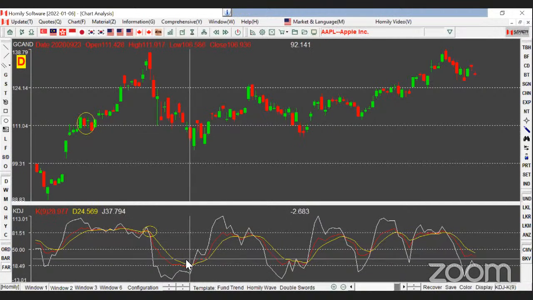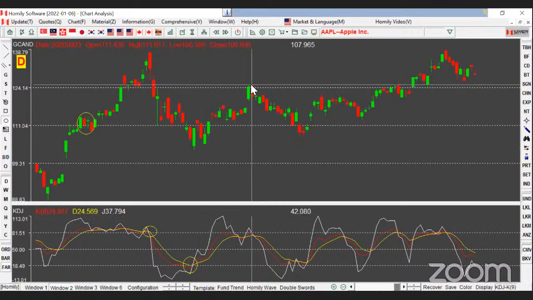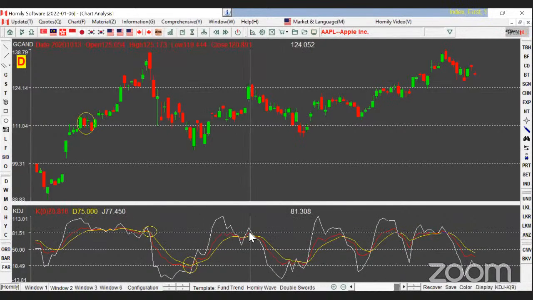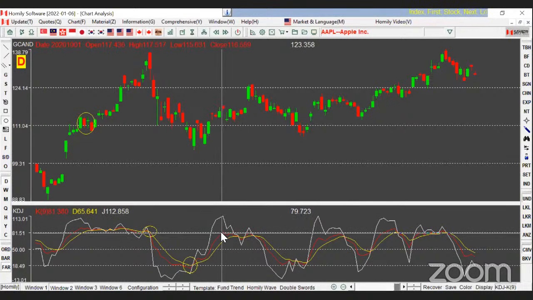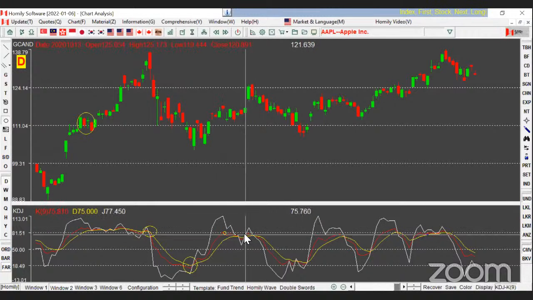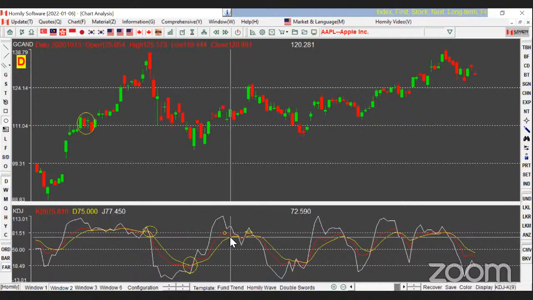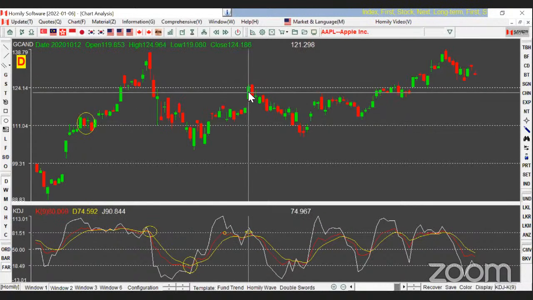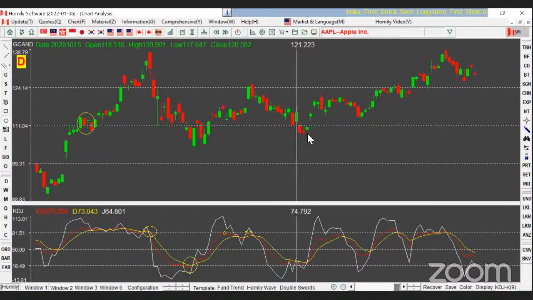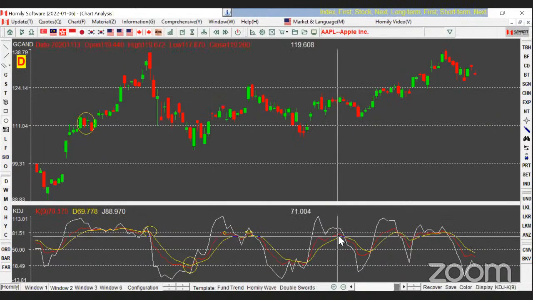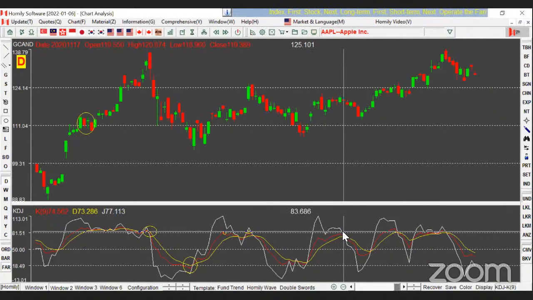Then after that, we see a rally here, right? And here we see the value for K roughly touched 80%, but for D still below, right? Still below. So the correction here, we still have a correction here, but not as forceful as this one. And then for here, we see K and D both didn't reach 80, right?